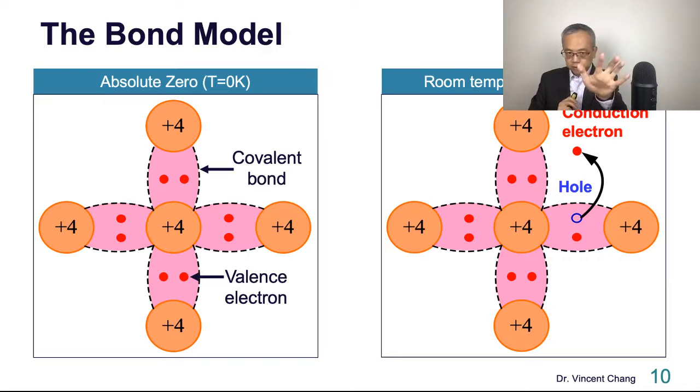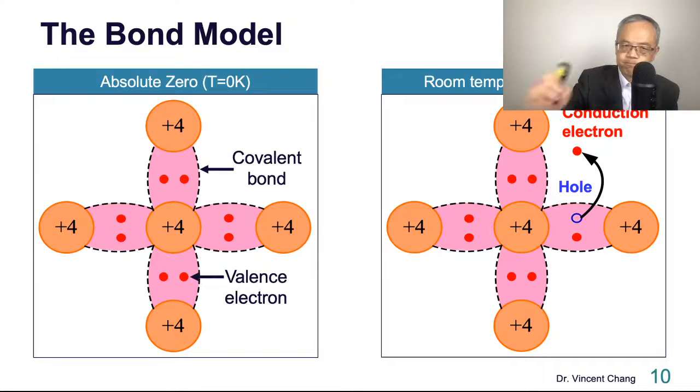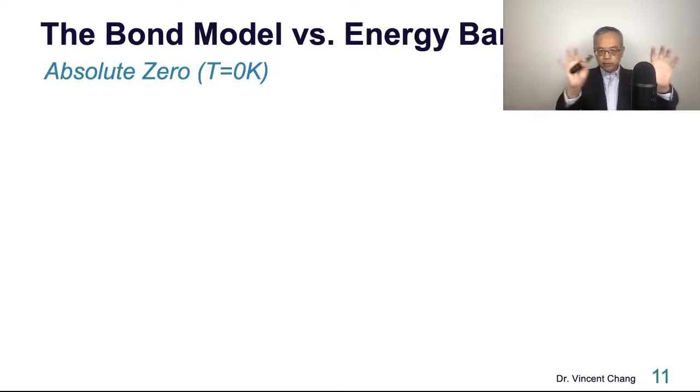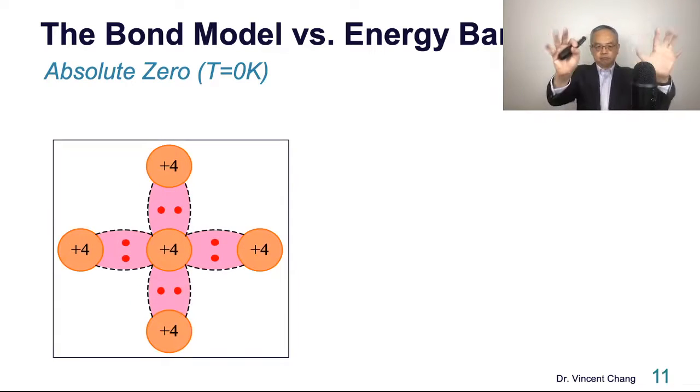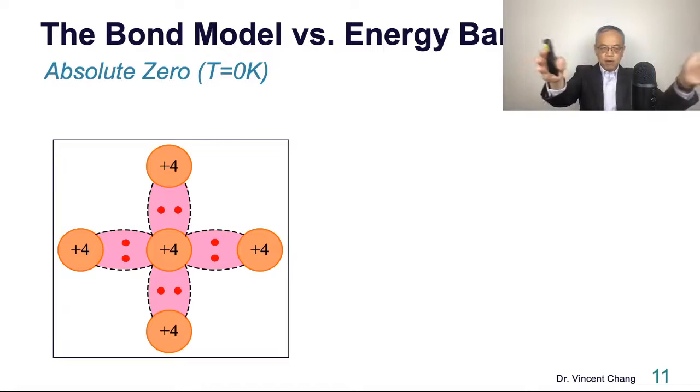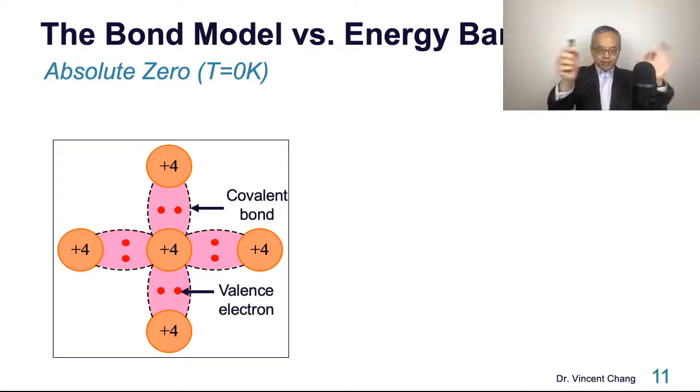Here's the bond model. On your left-hand side is absolute zero, and on the right is room temperature. Let's do a contrast. At absolute zero, in the language of real space, all the electrons are in the bonds, so no bond is broken and every seat is occupied.